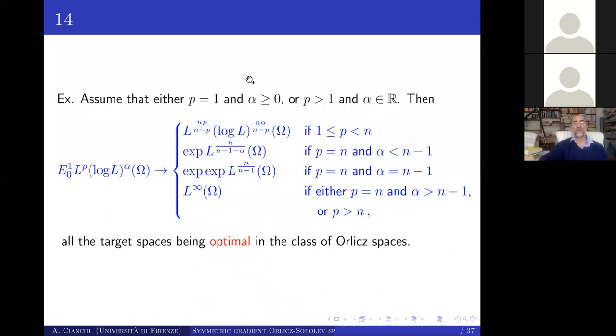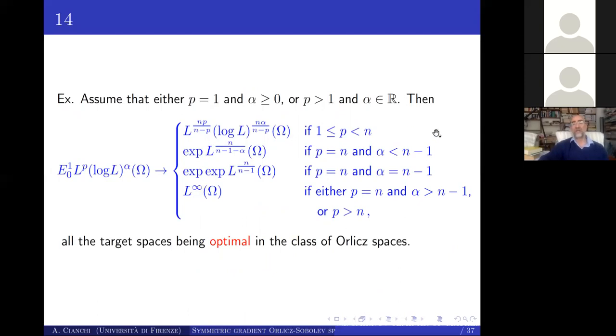So just to see an example, assume that we start with a symmetric gradient space defined in terms of what is called a sigma space, which means that the function A in the definition behaves like t to the power p times log t to the alpha near infinity.